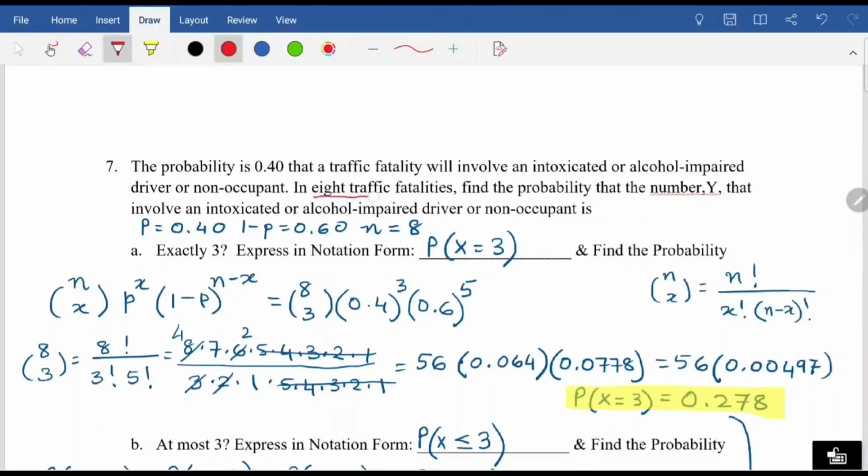That's what this 8 traffic fatalities mean. So draw the first time and see whether there was a fatality or not. Pick a second accident and see if you're getting an intoxicated driver in the second draw or not. Then third, fourth, all the way to 8. All right, 8 times you are drawing to see whether you get an intoxicated driver from the different fatal accidents in 8 traffic fatalities.